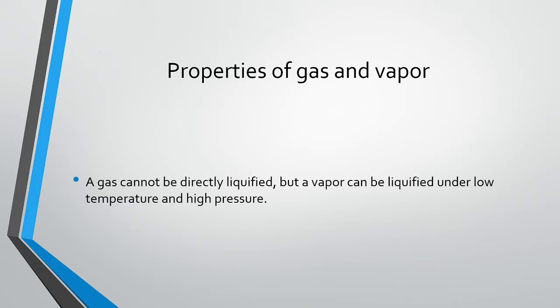But to do this, the temperature of the gaseous substance should be below the critical point, because a gas cannot be directly liquefied, but a vapor can be liquefied if we reduce the temperature and increase the pressure.